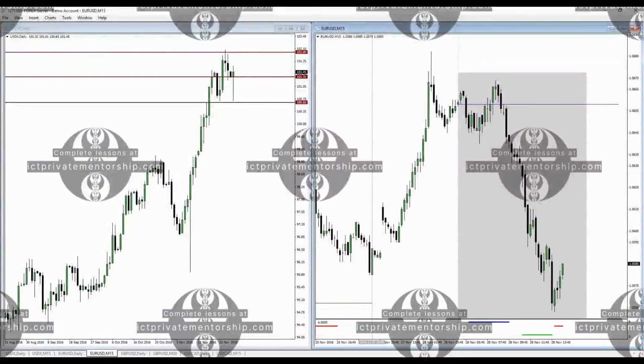Now, think about this. If this is what encapsulates the daily range, let me actually put it on all my days, and we can scroll back.